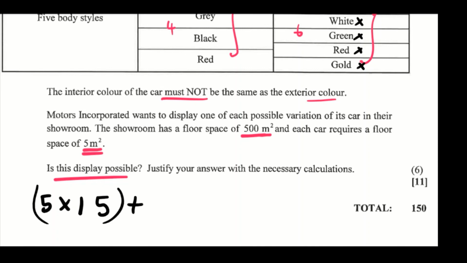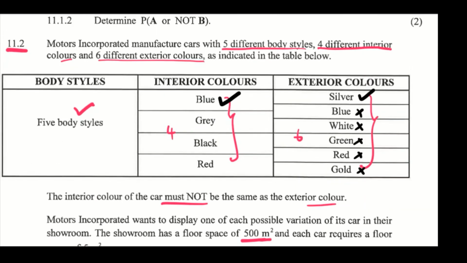And another option would be to choose all 5 body styles. Let me just erase this. Choose the 5 body styles. Now we choose gray, and we choose any color. We can choose silver if we want. And how many would we have left? We would have 5, right?